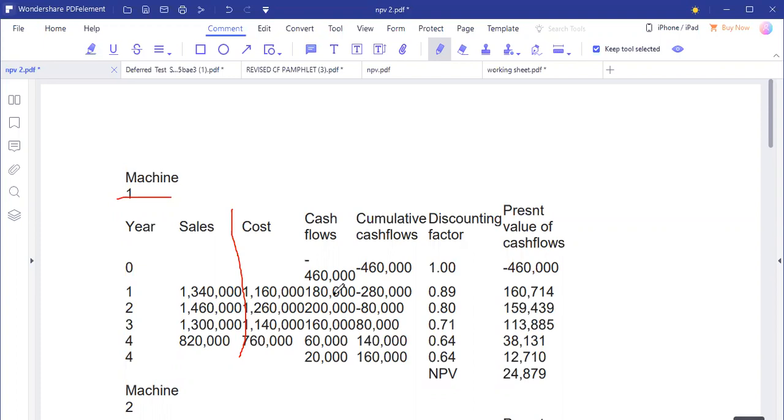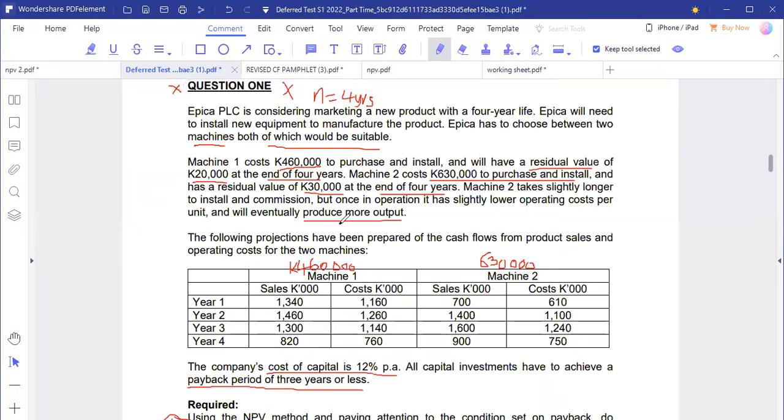Year 2, we also have a cash flow of 200,000, because we are subtracting 1,340,000 minus 1,160,000. When we go back to the problem here, these were the figures. So you're subtracting this one and that one, this one and that one, to get the net cash flows for each year.